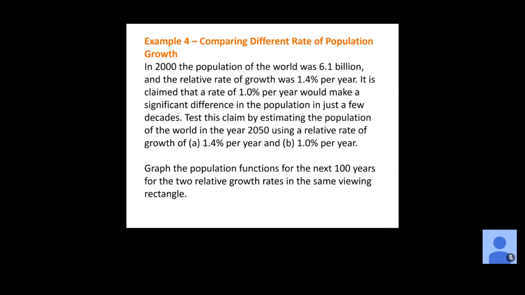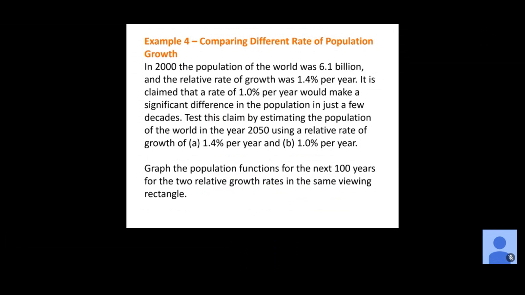All right, now example 4, we want to actually compare some different rates of population growth just to see how much of a difference it could make. Okay, so in 2000, the population of the world was about 6.1 billion, and the relative rate of growth was 1.4% per year. It's claimed that a rate of 1.0% per year would make a significant difference in the population in just a few decades.